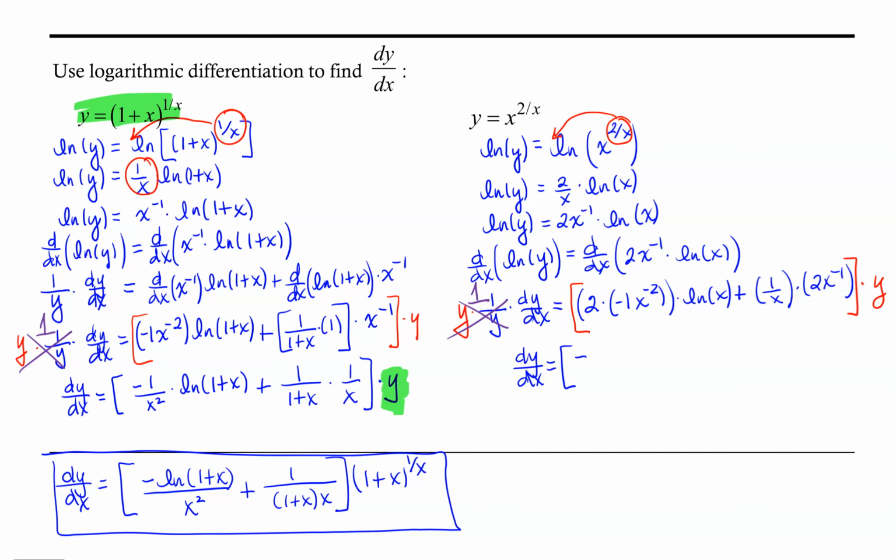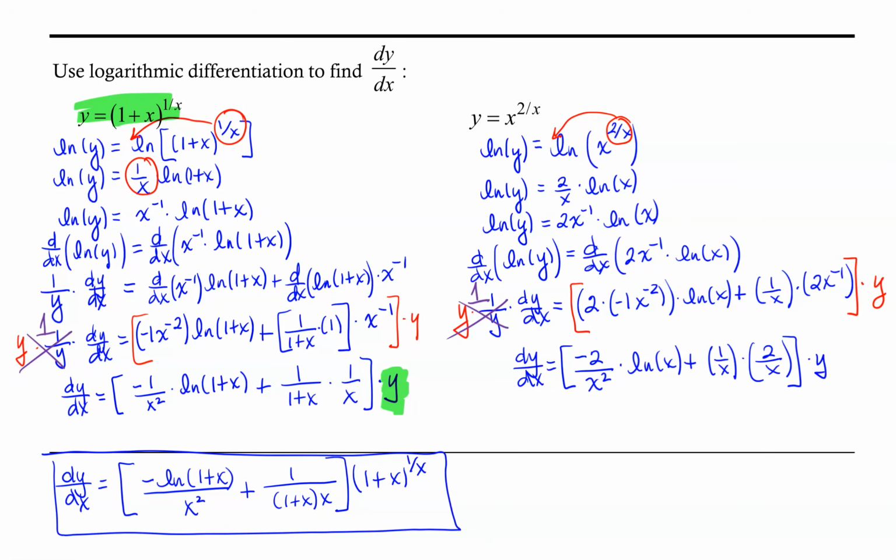So we're going to have a negative 2 over x squared times the natural log of x plus 1 over x times, and then we have 2 times x to the negative 1, so that's 2 over x. And all of this will be multiplied by y.